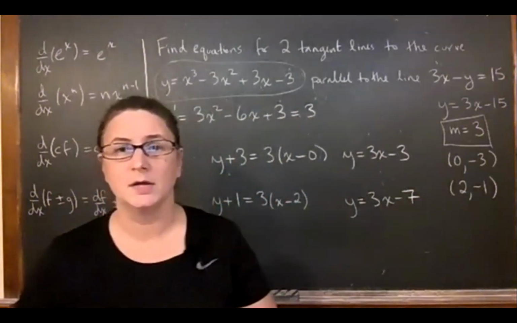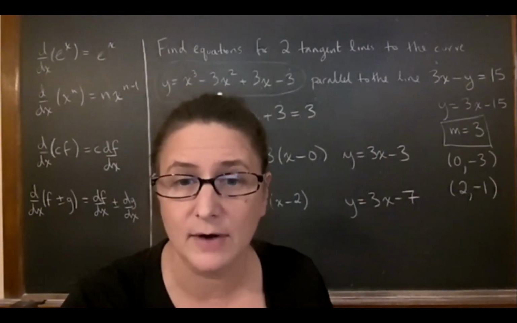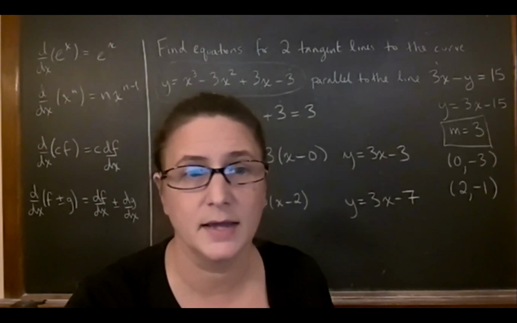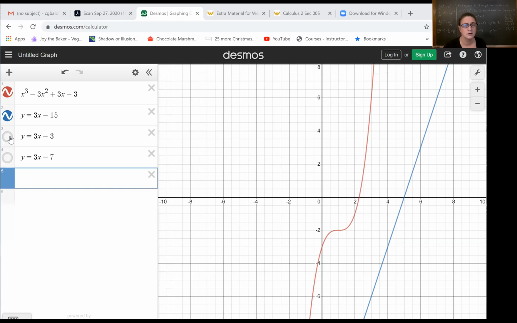Okay. So let's see what those look like on my graph. Because I had put them in here. And so there's one of them, and there's the other one. All right. So you see that now you have a sort of a visual picture of what's going on.